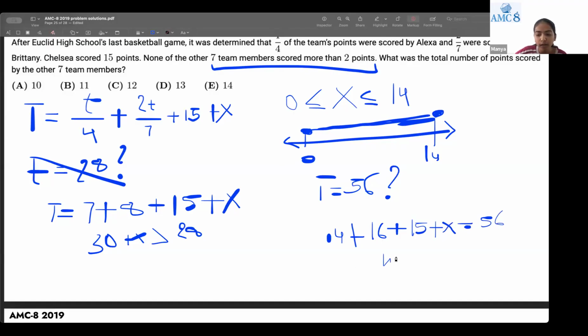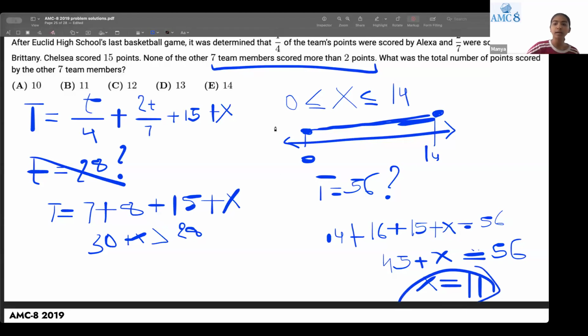So 45 plus x is equal to 56, and we just need to find the value of x. Since 45 plus x is equal to 56, we'll have to subtract 45 on both sides. We're going to be getting x equals 11. And that's the total number of points the other 7 teammates scored. And that's how we got our answer choice being 7.